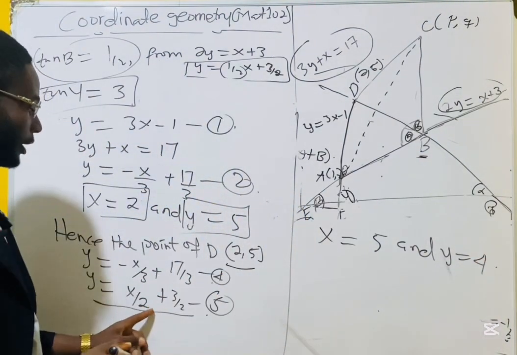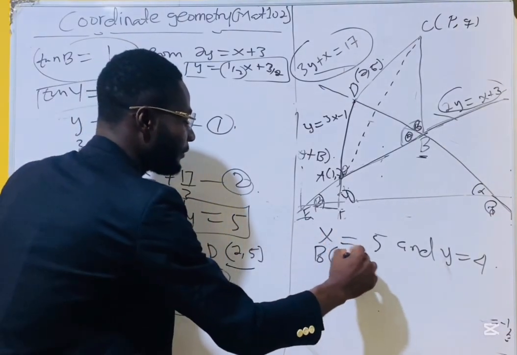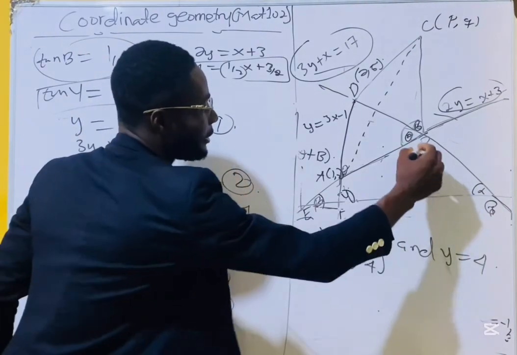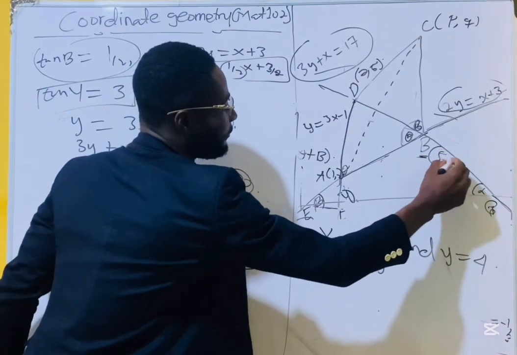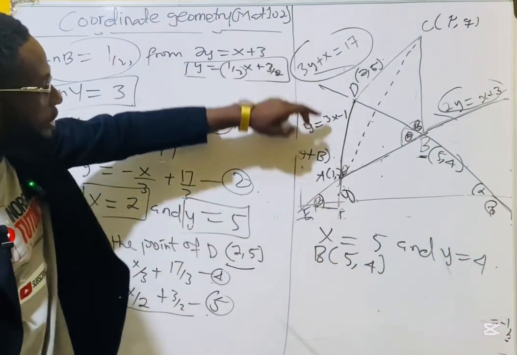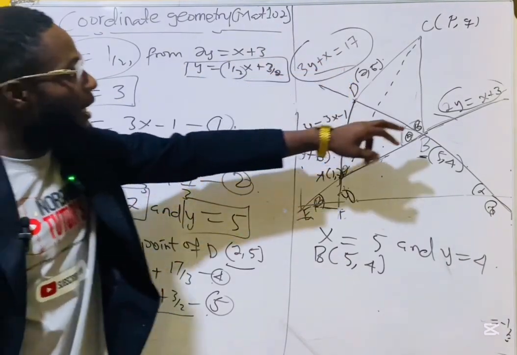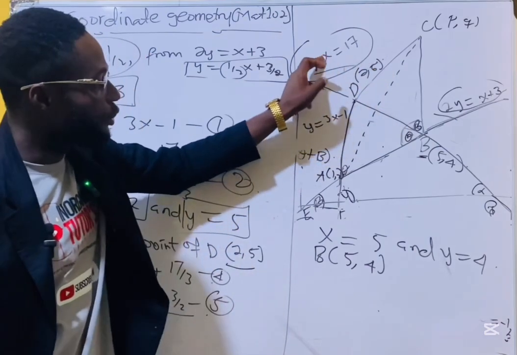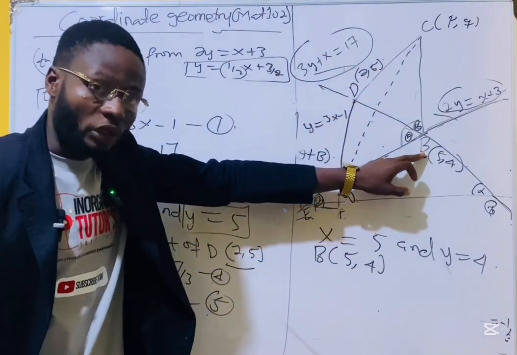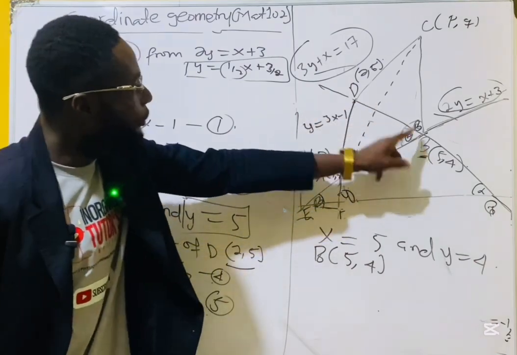So that is the coordinate of B. So the coordinate of B is 5 and 4, and that is here, 5 and 4. Okay, so we have used this equation and this equation to get the coordinate of D, and we use this equation and this equation to obtain the coordinate of B. So now we know A, we know B, we know D.